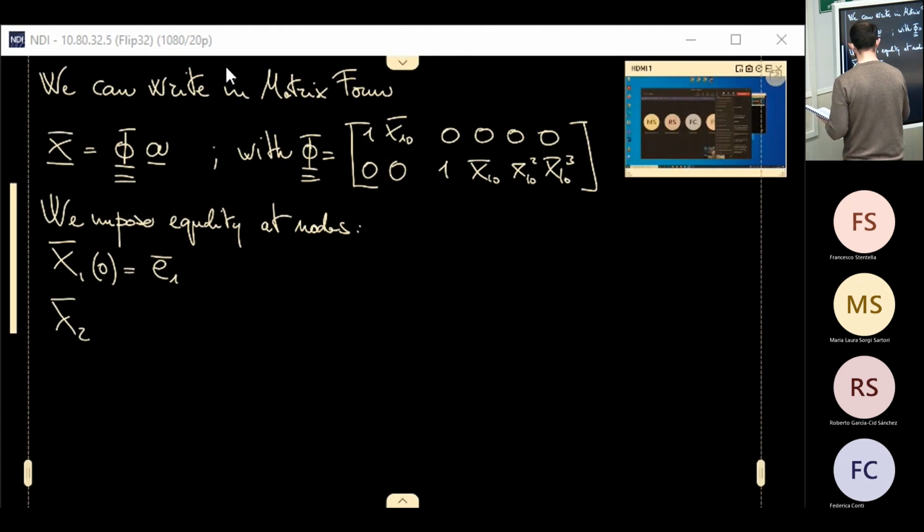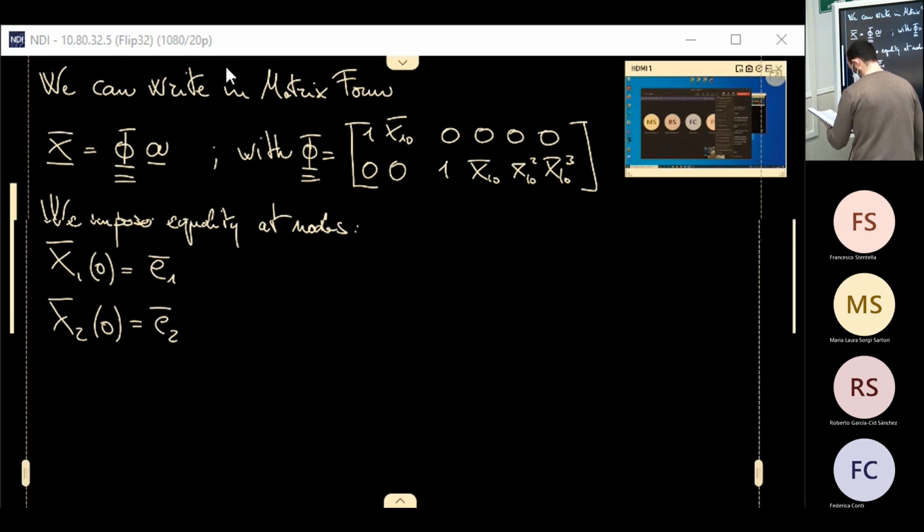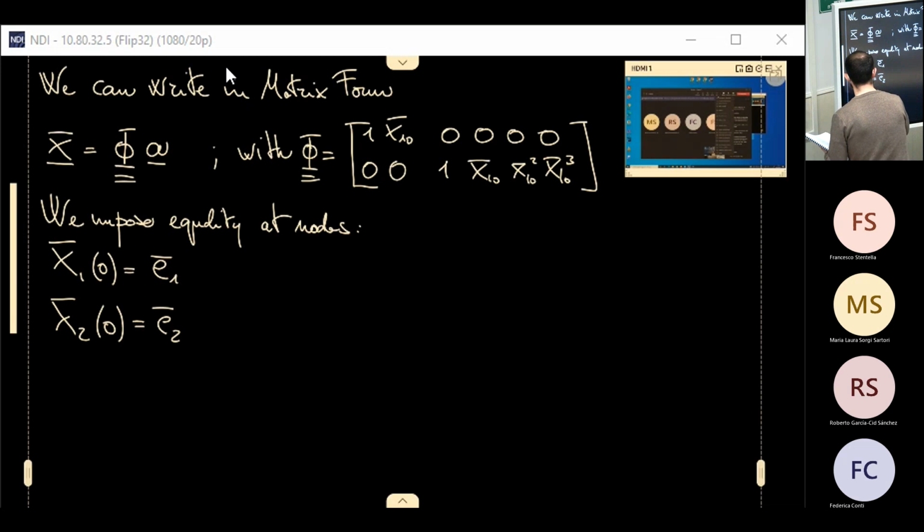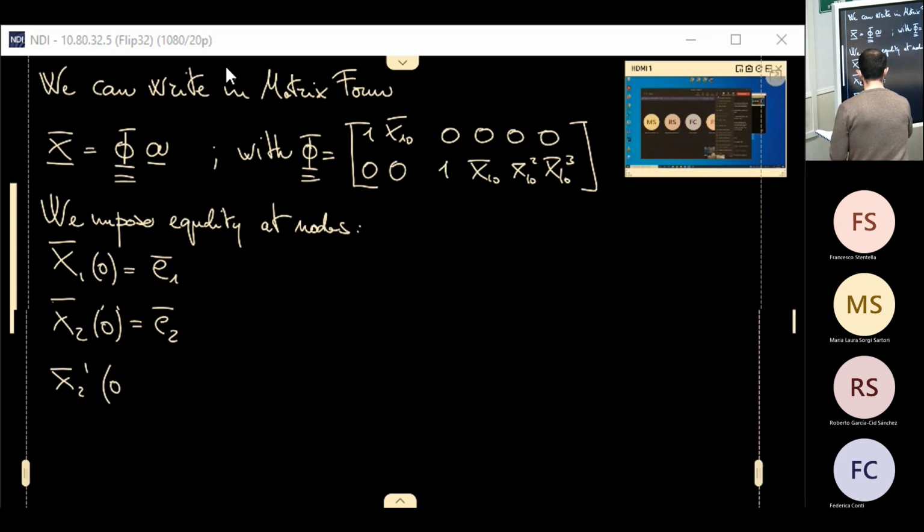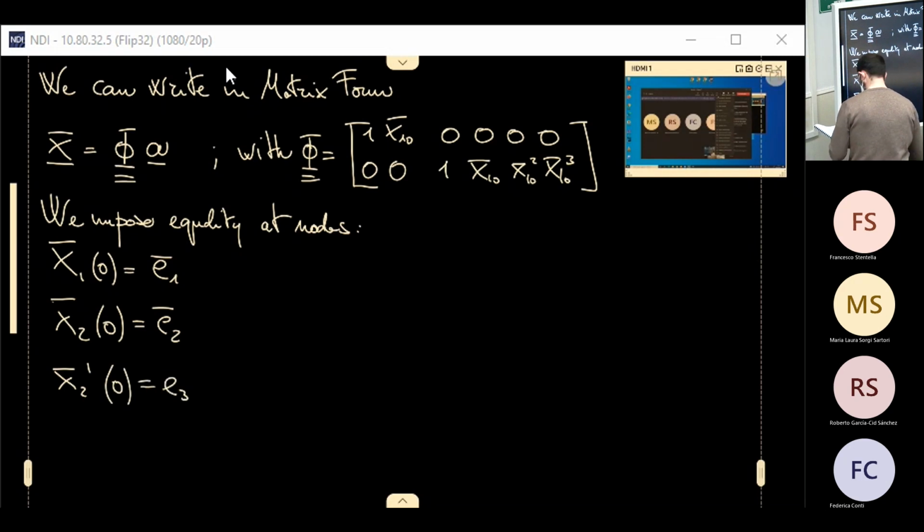So x2 has to be equal to E2. And then again, as we have done last time, we have x1 prime, so the derivative with respect to x1, at 0, is E3.